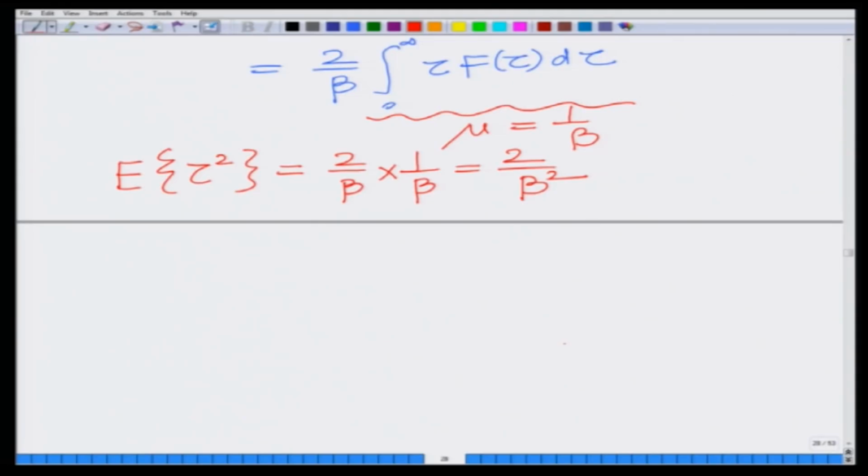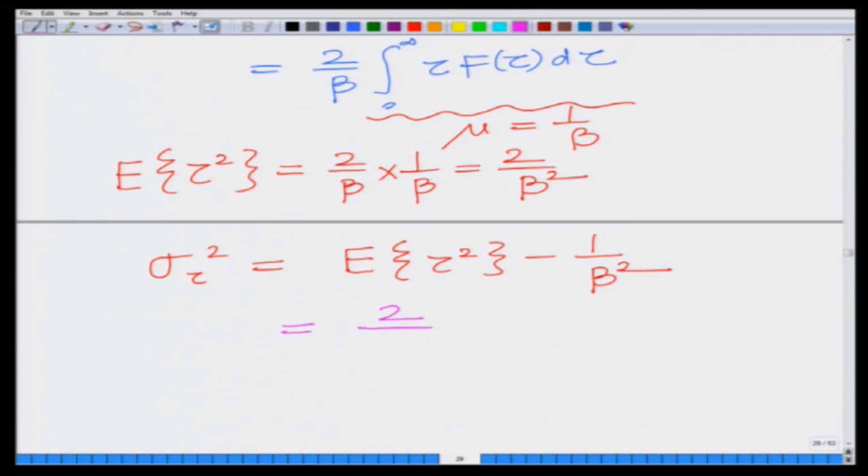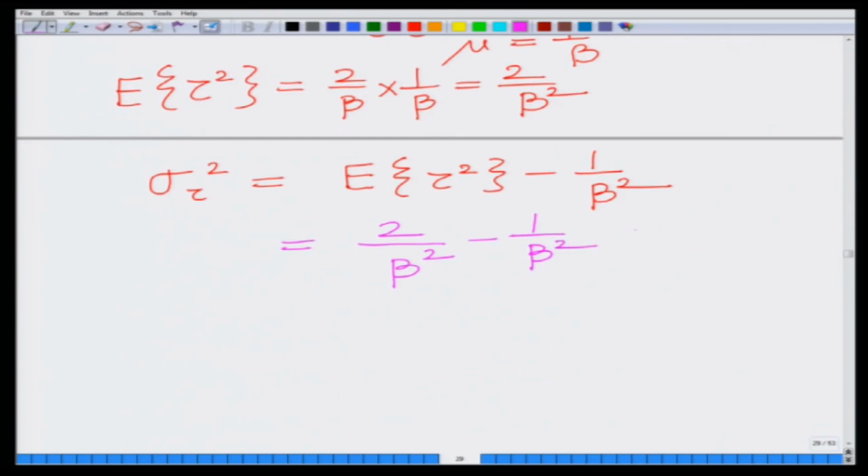Sigma tau square is basically the expected value of tau square minus the mean square, which is 1 over beta square. So it is equal to 2 over beta square minus 1 over beta square, which is basically equal to 1 over beta square.